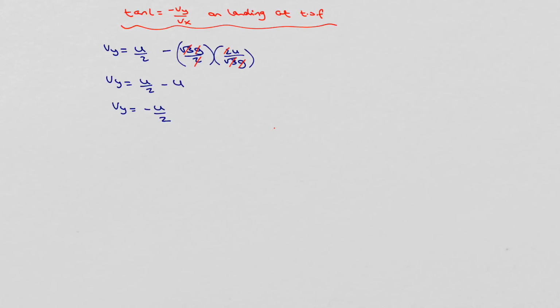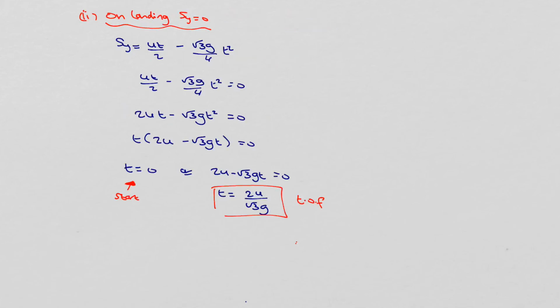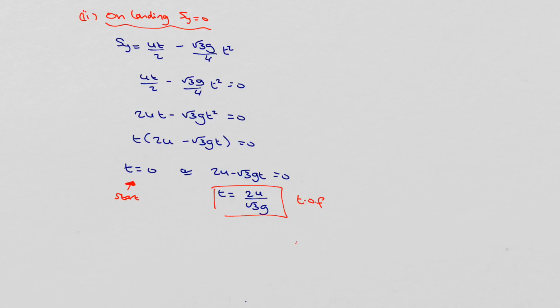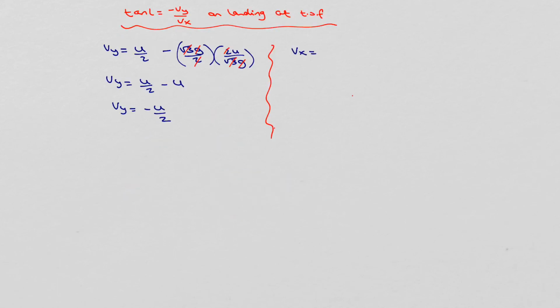As we expected, our velocity in the y direction is negative because it's in the opposite direction to the initial velocity in the y direction. So now we want to do our Vx, and if we go back to our table, Vx is root 3u over 2 minus g over 2 times our time of flight, where our time of flight is 2u over root 3g.